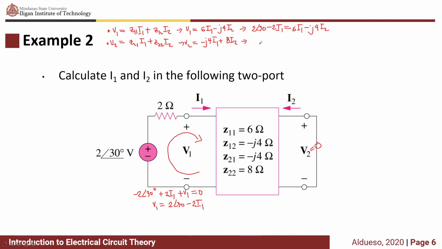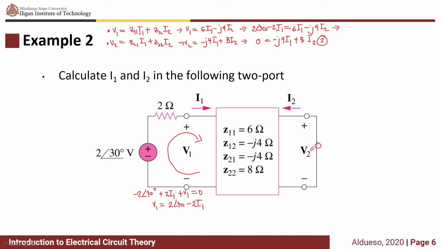Then the next equation becomes 0 equal to negative J4 I1 plus 8I2. That is equation 2.